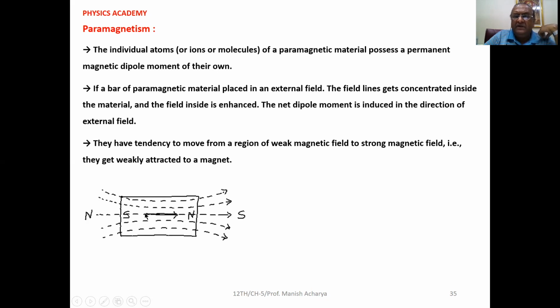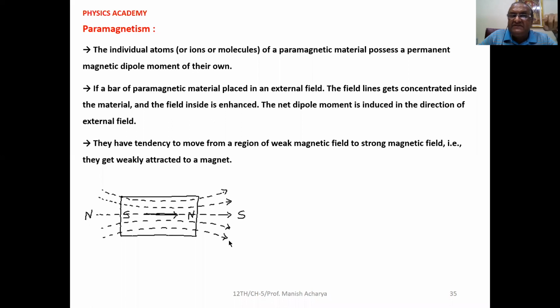Individual atoms possess permanent dipole moments, but all those dipole moments are randomly oriented. So when we take the vector summation of all these, the net magnetic moment is 0. And therefore, this substance does not show you the magnetic properties.